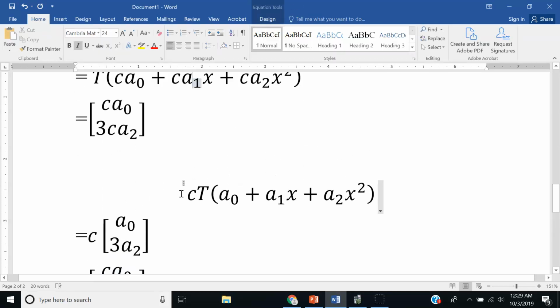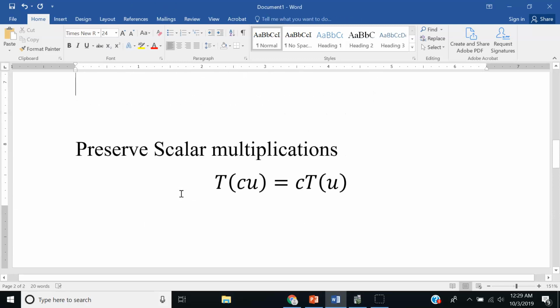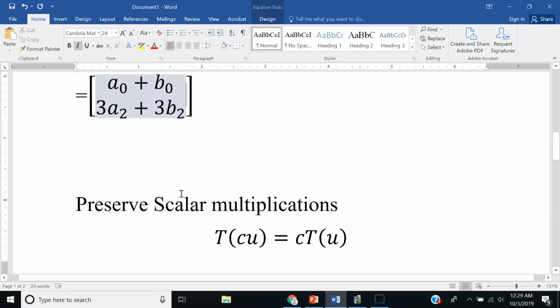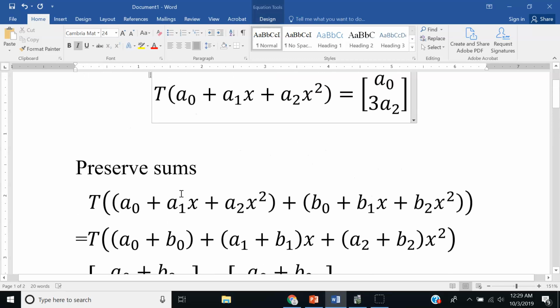So we see that we preserve scalar multiplications and we preserve sums. Therefore, this transformation, which maps a polynomial onto R2, is a linear transformation from a vector space into another vector space.